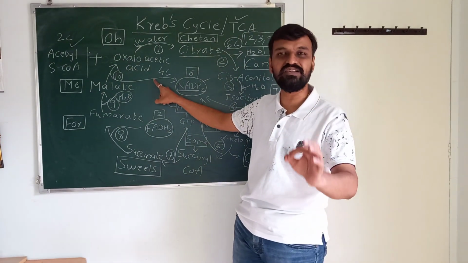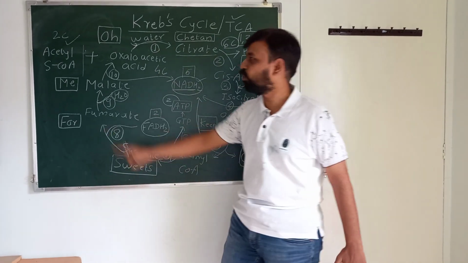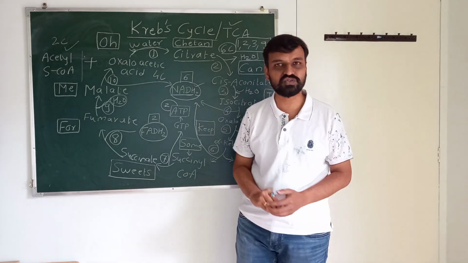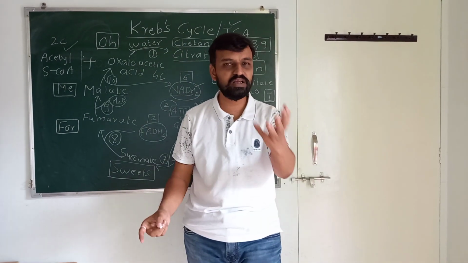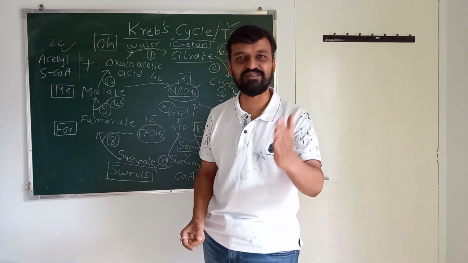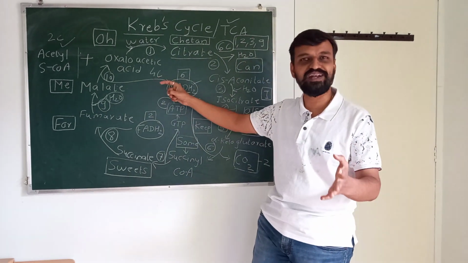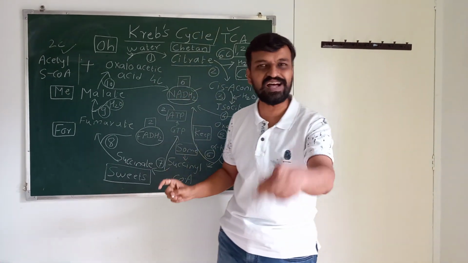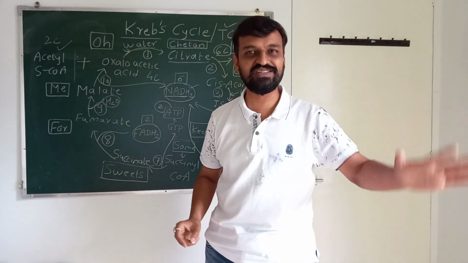What are the starting substrates for the Krebs cycle? One is acetyl-CoA and the second one is oxaloacetic acid. Is my point clear to all of you? Hello? Are you getting me or not? Yes. Awesome. I am super happy and pumped today. So I am going to explain all the things in detail. At the last, I am sure you will enjoy the session.